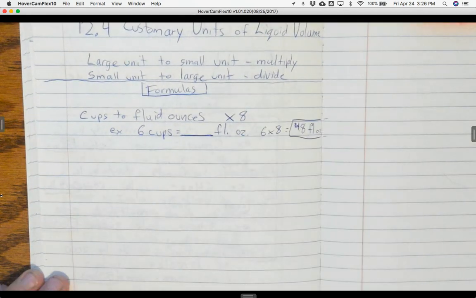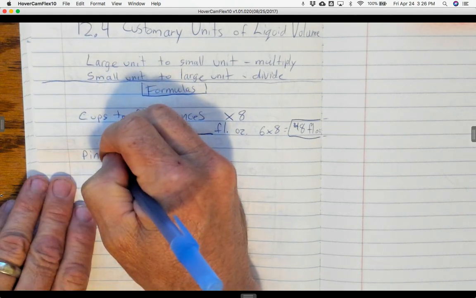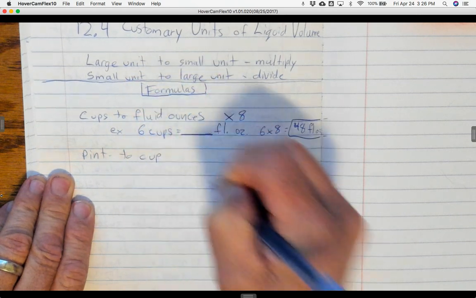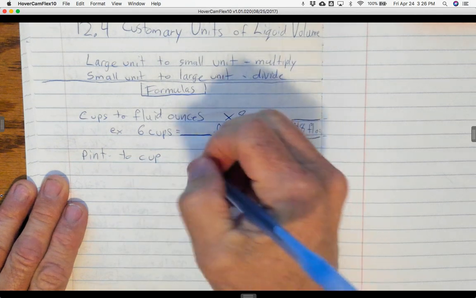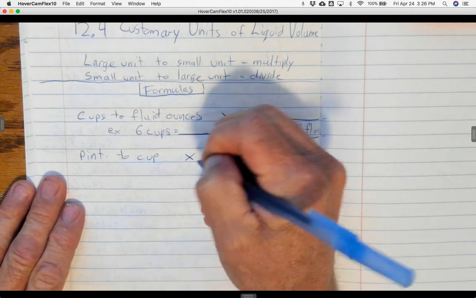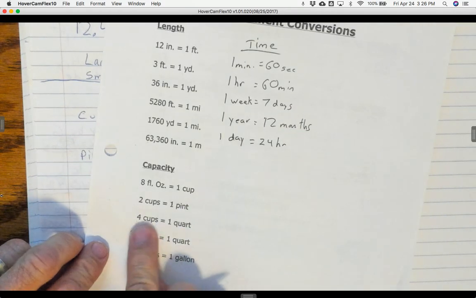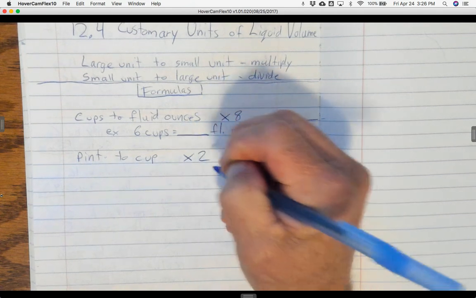Next up, we're going to convert from pints to cups, pint to cup. So large to small, multiply. Multiply by what? Well, how many cups are in 1 pint? 1 pint equals 2 cups, so 2 is our magic number for this.